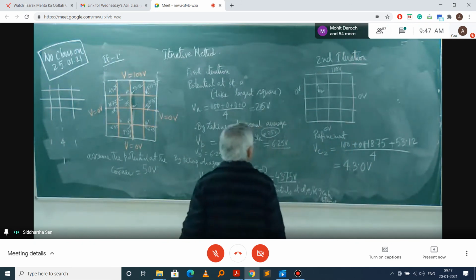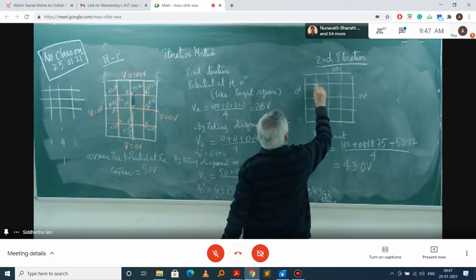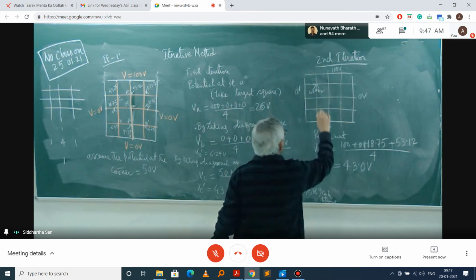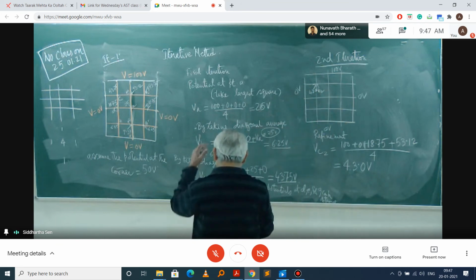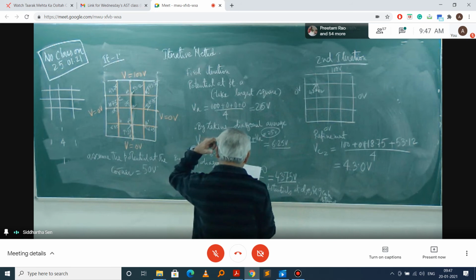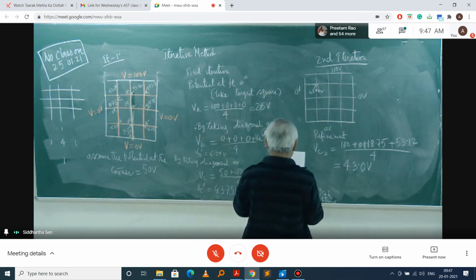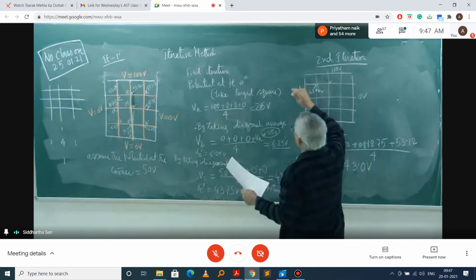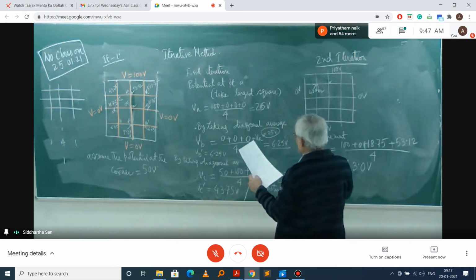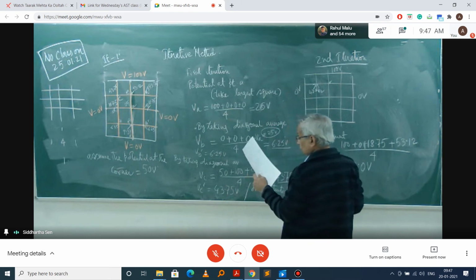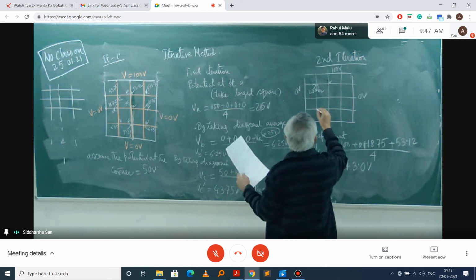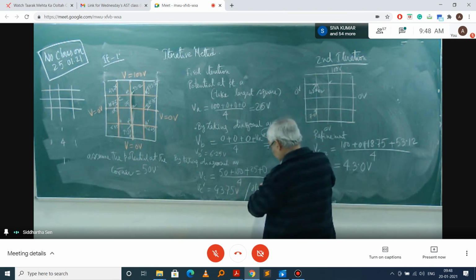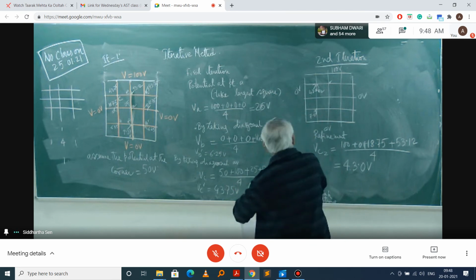So naturally, now it is 43.0 volt, and taking all the things there, in iteration 2 it will be 43.0 volt, it will all change because of this one. Similarly, this point, it was 6.75 volt, but it will come to 7.0 volt.